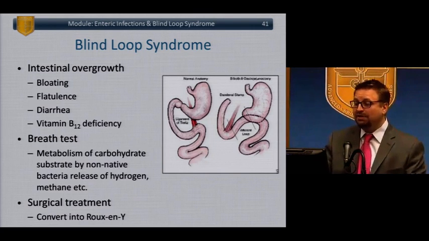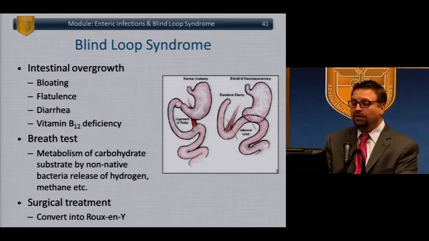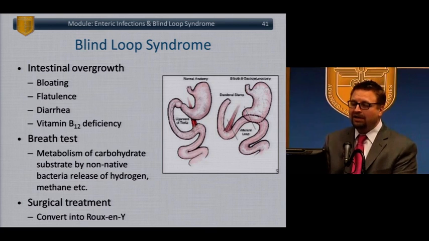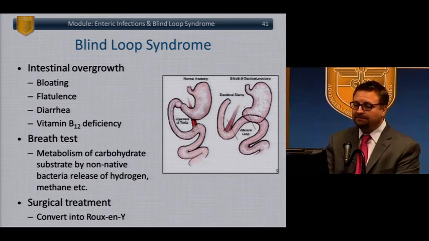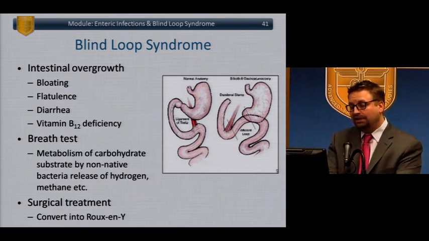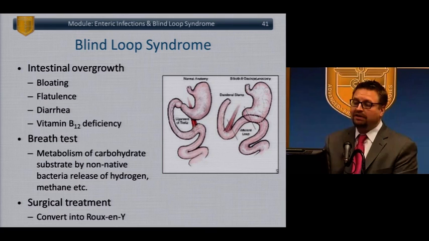Blind loop syndrome, this type of thing still comes up from time to time. Basically, intestinal overgrowth. Patients will have bloating, crampy pain, diarrhea, sometimes B12 deficiency. This can be evaluated by breath test because of the overgrowth of the bacteria, which will then metabolize carbohydrates that the patients are eating.